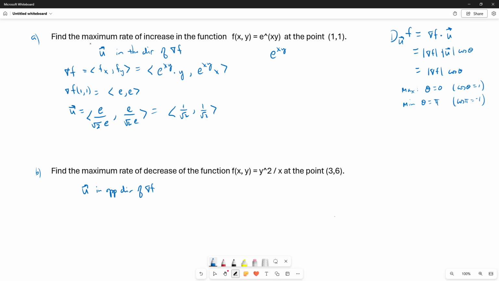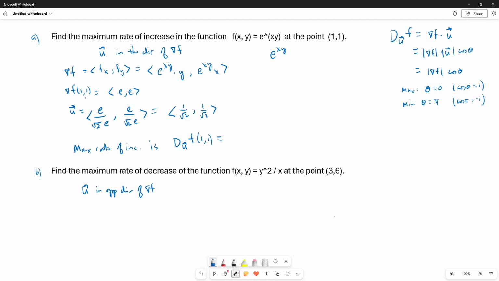So then the maximum rate of increase in the function is in this direction. So the maximum rate of increase will be the directional derivative in the direction of this vector of our function, which is our gradient at the point (1, 1). We should probably put that in our notation here.